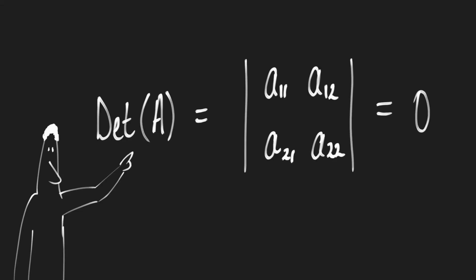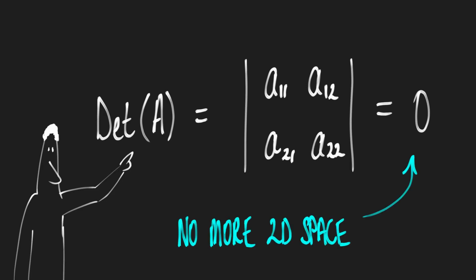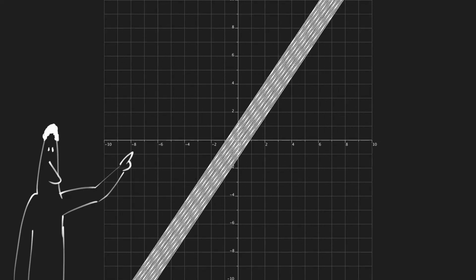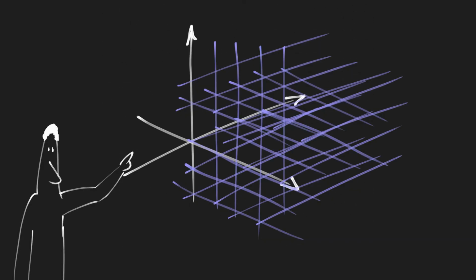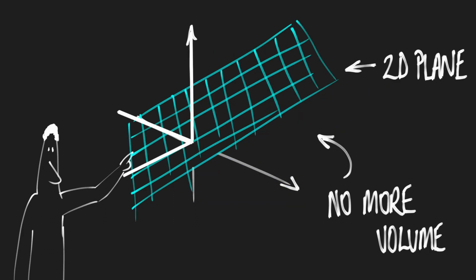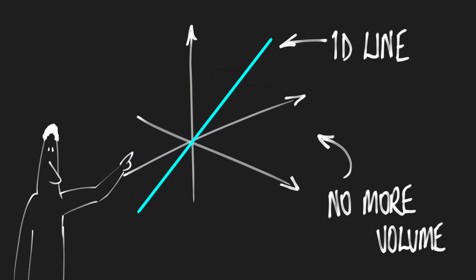We can tell that the matrix is singular and has no inverse by looking at its determinant. If the determinant is 0, as I've discussed in my other videos, it collapses space down to a lower dimension. If we're starting in three-dimensional space and collapse it down to a plane or a line, then we no longer have volume, we no longer have this three-dimensional space.